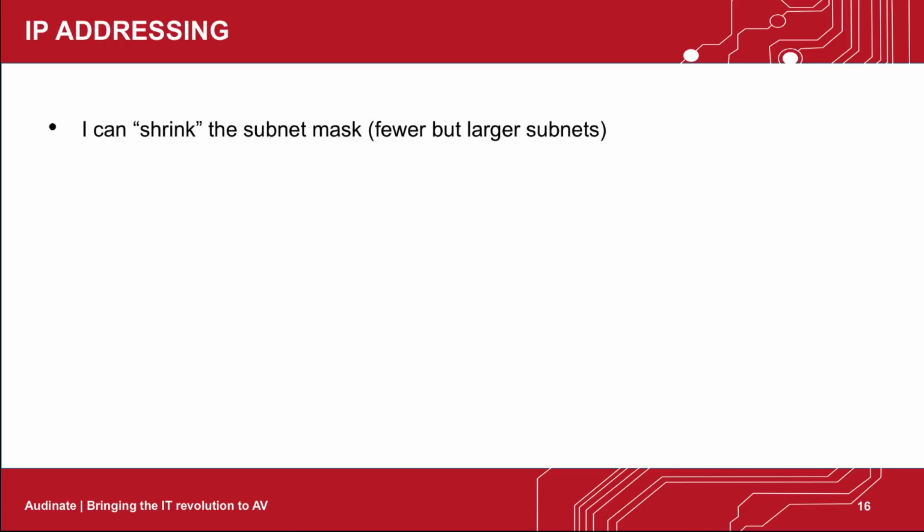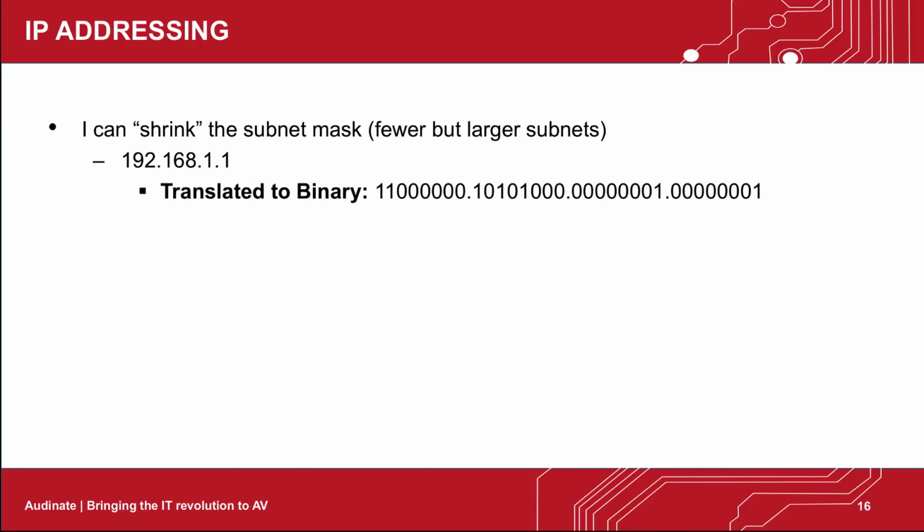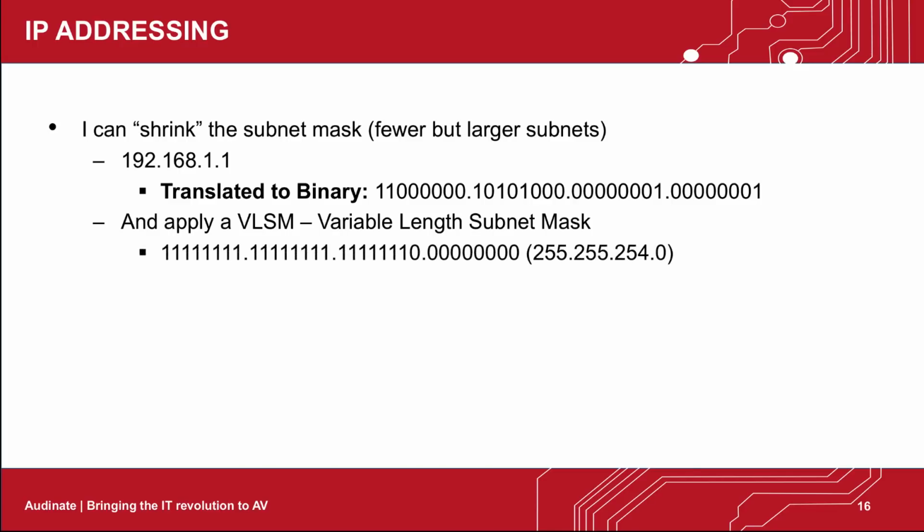I can also shrink the subnet mask. That means we have fewer but larger subnets. Let's take 192.168.1.1. Translated to binary, it gives us this. Now we apply VLSM. Here we are using a 23-bit subnet mask. This would give us this.